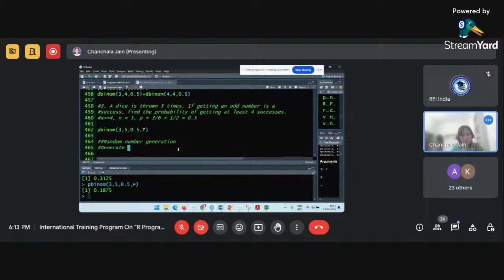Generate 10 random numbers from the sample size 50 with 0.3 probability.